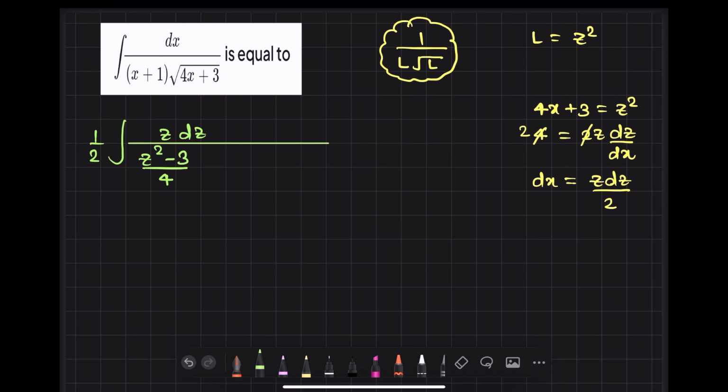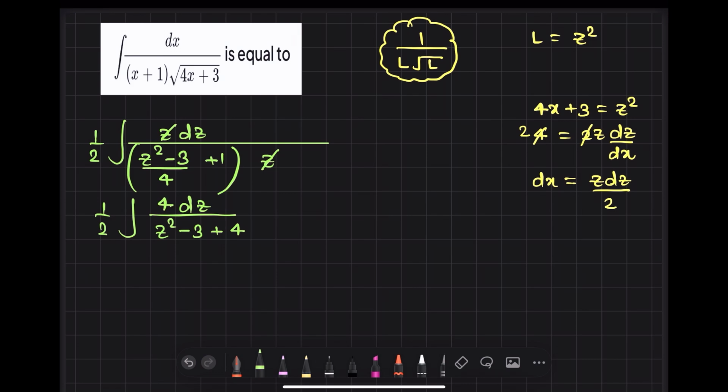So this is your x plus 1. And then we have that thing as z square. So z square root will become what? Z. So this z and this z can be neutralized and we will be left with dz by, this is z square minus 3 plus 4, and then that 4, the denominator 4, will go to the numerator.